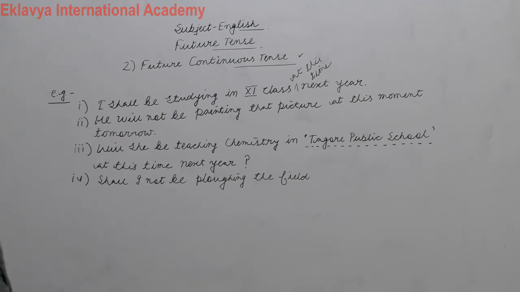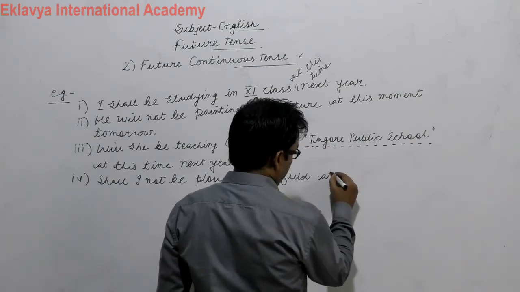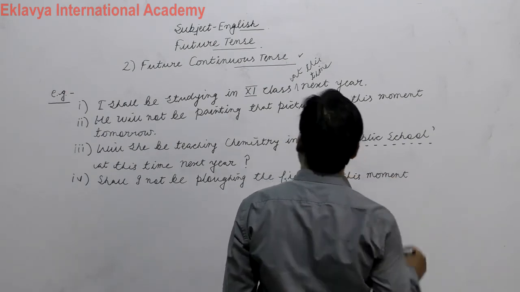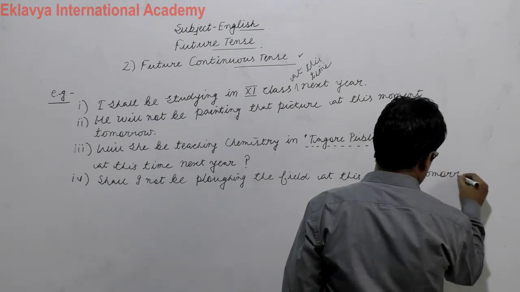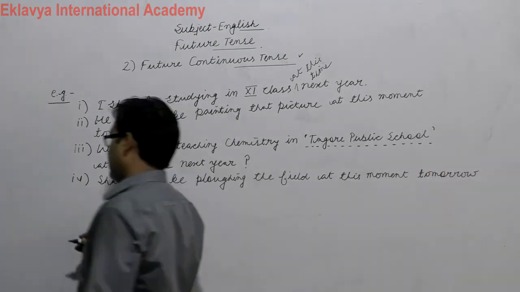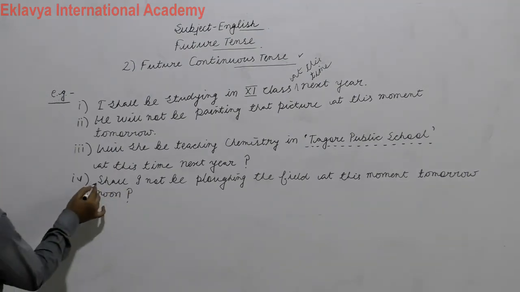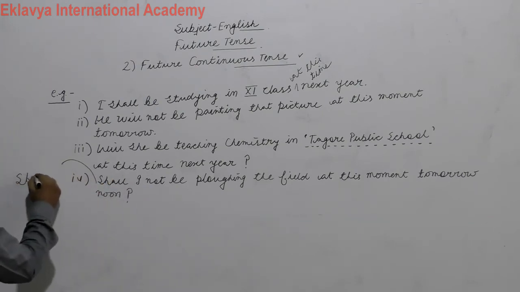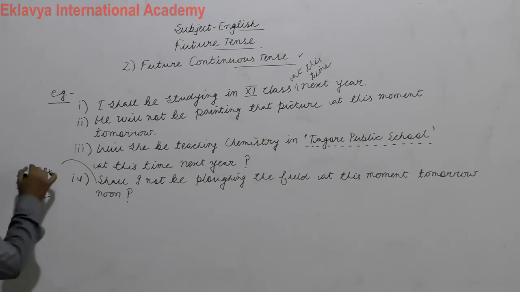Shall I not be bluffing the field at this moment, tomorrow noon? Okay. And the negative of shall, like shalln't नहीं होगा, इसका shan't होगा. Okay. और willn't में क्या होगा? It will be won't. Is it clear?